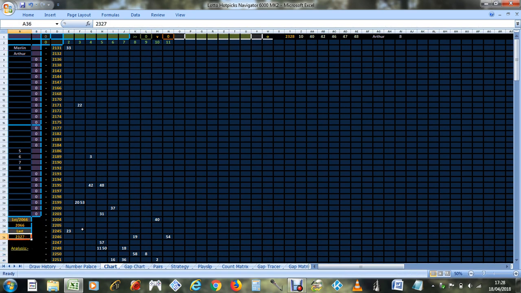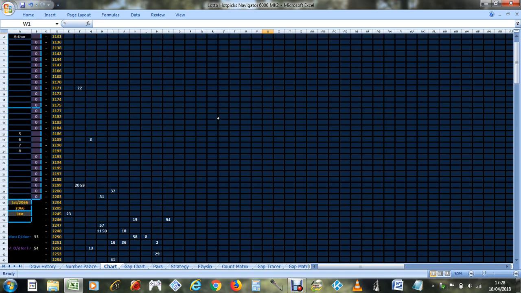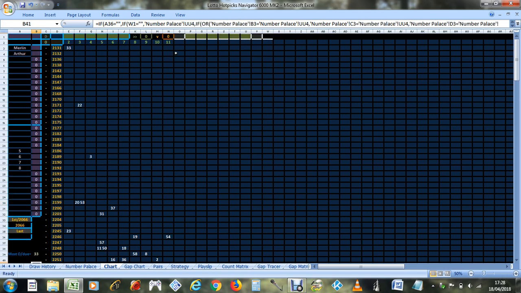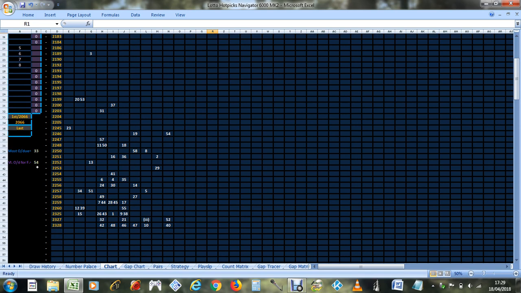So for the next draw, I'm going to predict these two numbers for a start. So I've got 33, which is the most overdue, and 54, most overdue for its frequency.